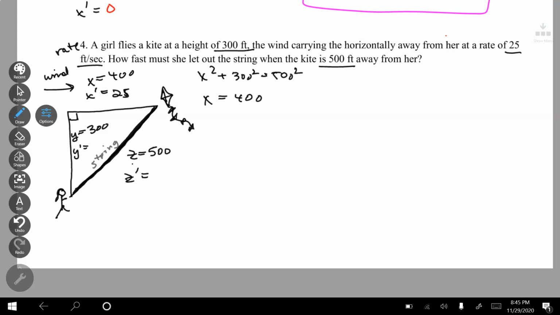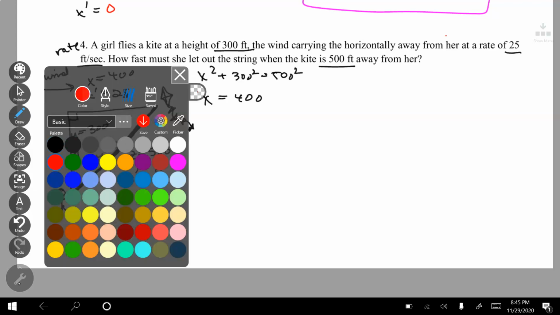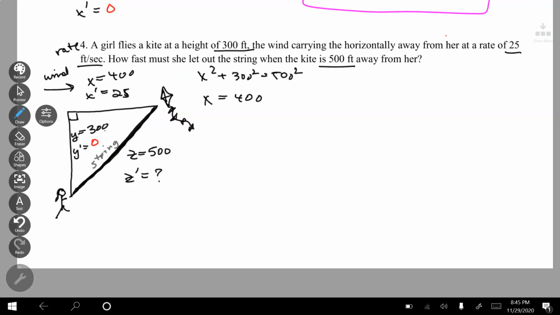Now, let's talk about y prime and z prime. I'm trying to find out z prime. How fast must she let out the string? So this is what I'm looking for. This side here, y prime is equal to 0 because it is at a constant height of 300 feet.